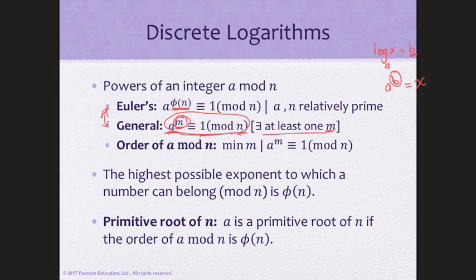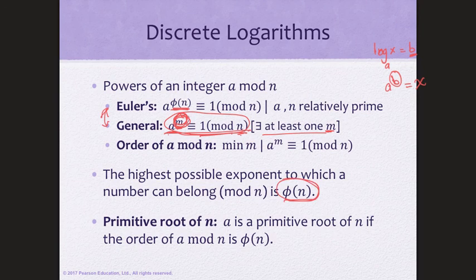The highest possible exponent to which a number can belong, mod n, is phi of n. Because if a to the power phi n is equal to 1, then the highest possible value of m that allows this to be true is actually phi of n.